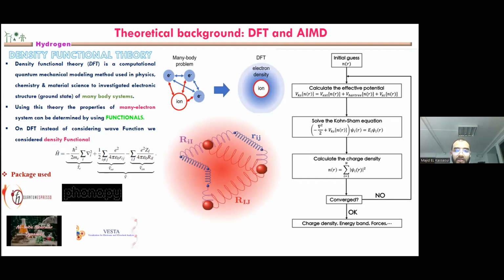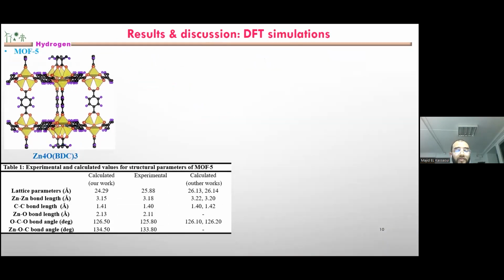Let me start by simulating our system in a different topic, 2-dimension and 3-dimension in hydrogen storage. The first one is this metal organic framework. The conventional structure of the metal organic framework has a cubic Fm3m symmetry with lattice parameters of 25 or 24 angstrom, and the primary unit is Zn4O(BDC)3.